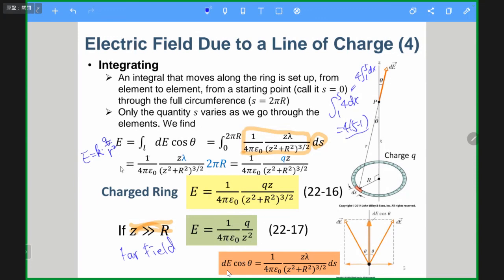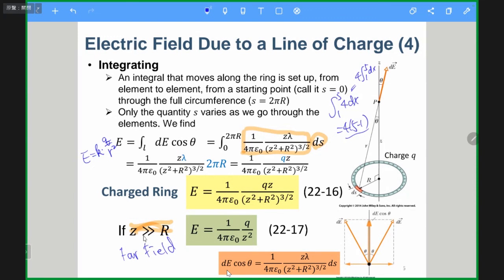Almost looking the same, except small r is written as d. So these two look almost the same.